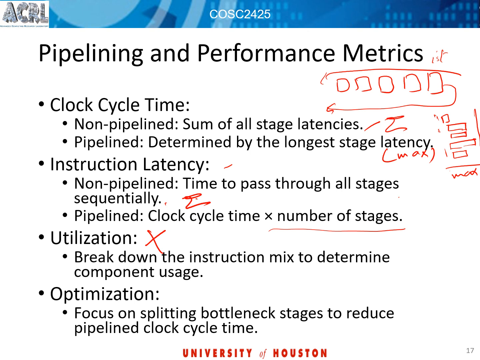Now for optimization, you focus on splitting the bottleneck stage. For example, let's say the memory stage is a bottleneck. What you do is you split it, and with that it enhances the throughput.